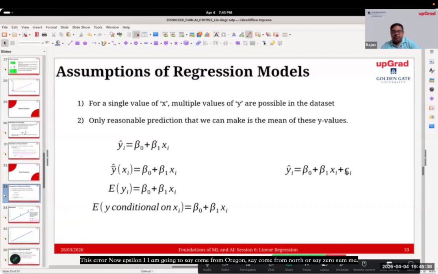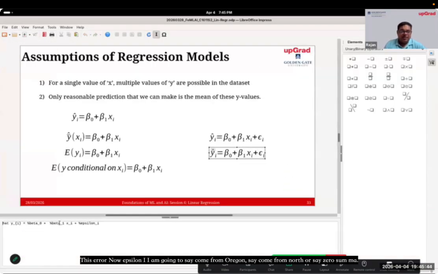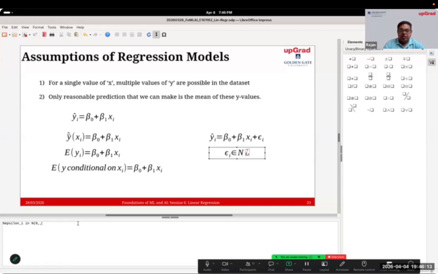This error, epsilon i, comes from N, a normal distribution with mean 0 and some standard deviation.